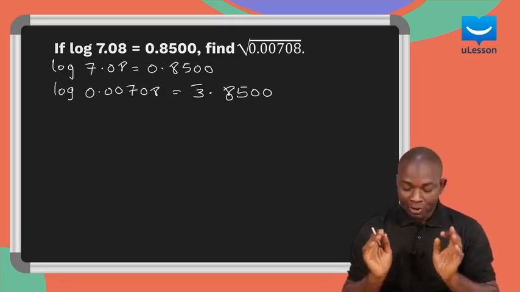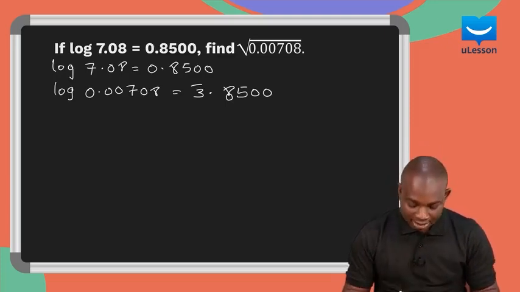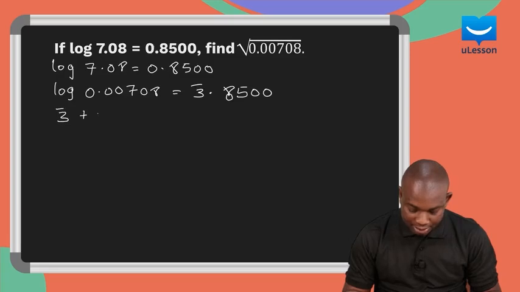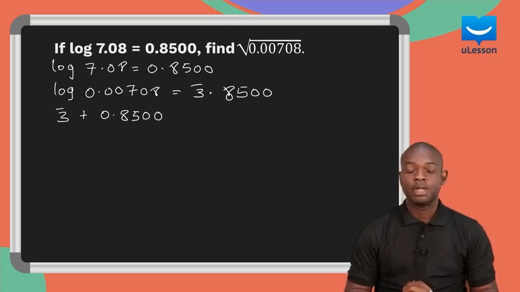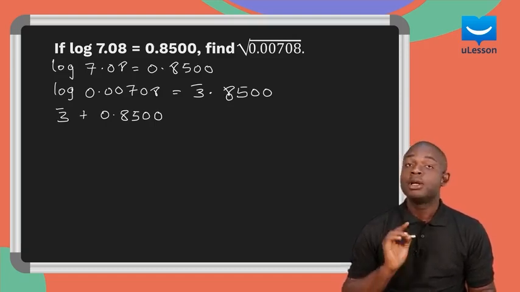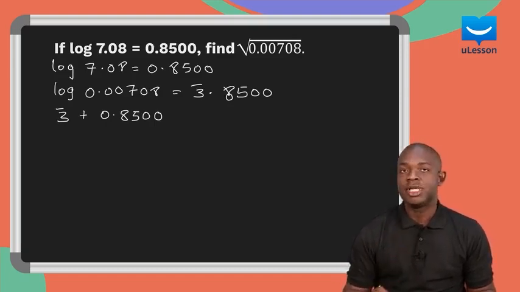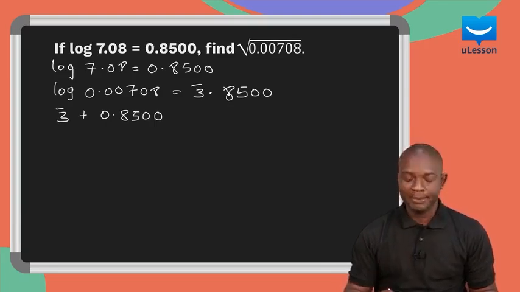But first, we have to separate the characteristic and the decimal part. So we now have bar 3 plus 0.8500. Now we have to make bar 3 a number that can be easily divisible by 2. This means we add bar 1 to it. And when we do that, we add positive 1 to the decimal part.